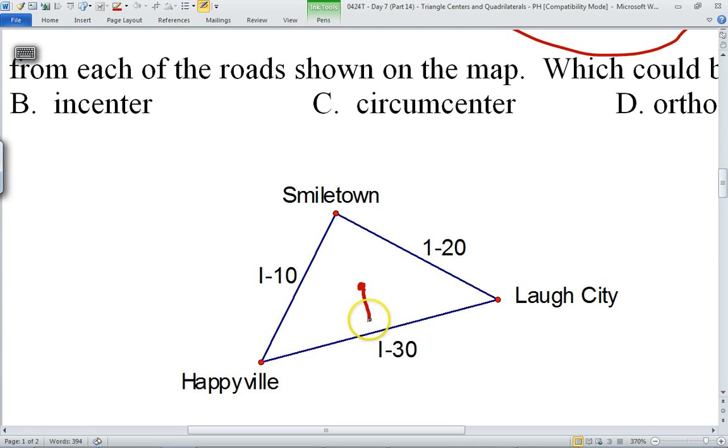Yeah, you guessed it. If we're trying to be equidistant from the roads, then that means we're going to be equidistant from the sides of the triangle. So, which one of these triangle centers are equidistant from the sides? Well, that's the incenter that's equidistant from the sides, so this one should be B.